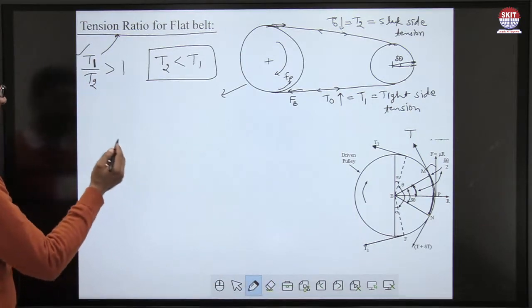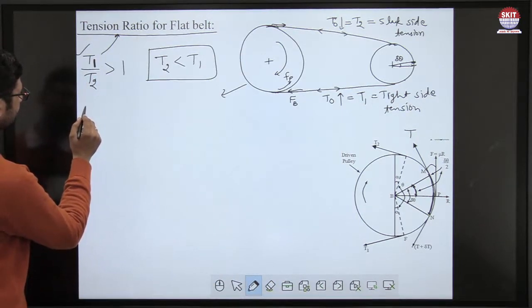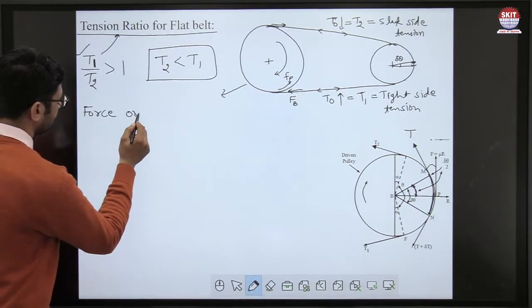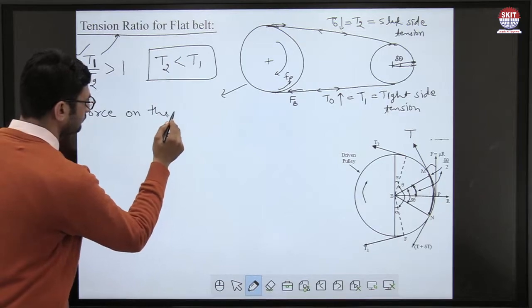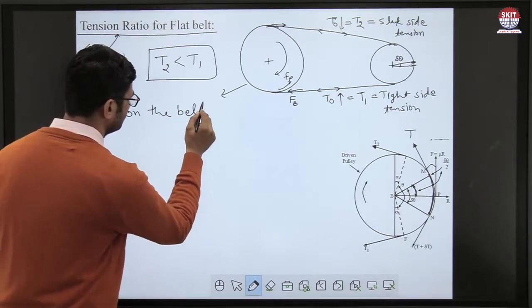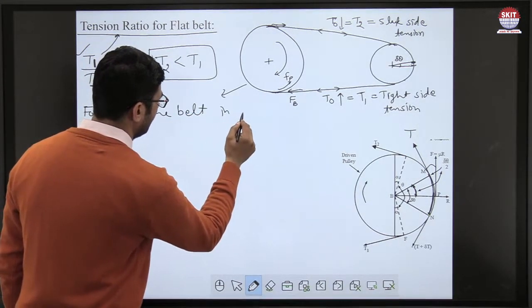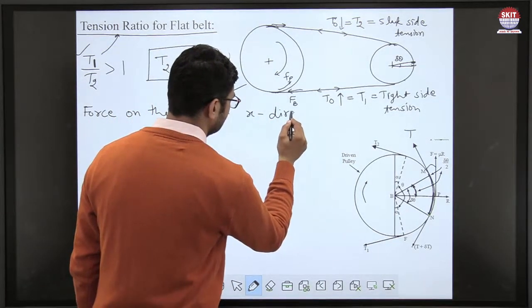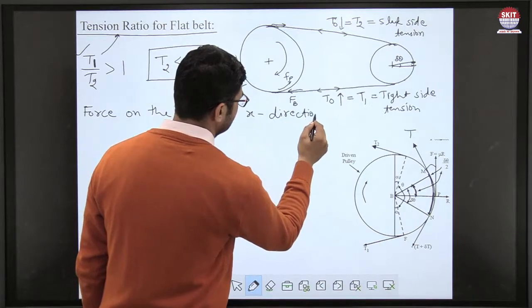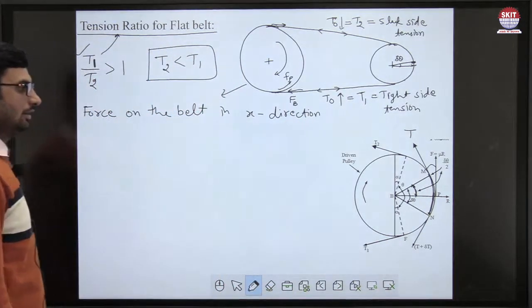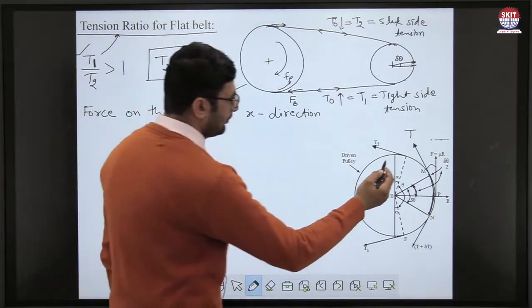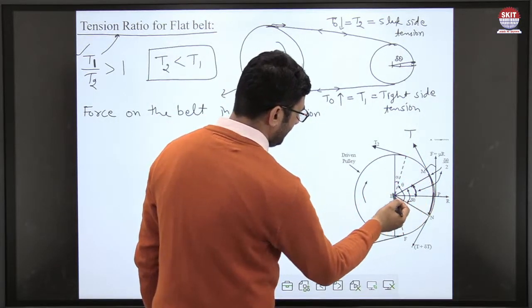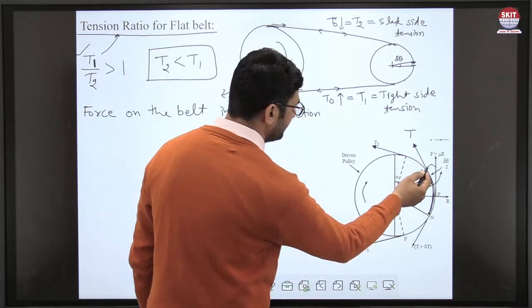Now the force on the belt in the x direction. One component of T is applied here in that direction, which is T sin(del theta by 2).